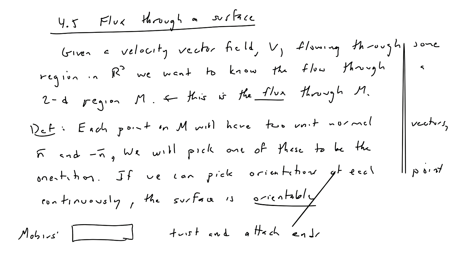And if you do that, if you follow along on one side, follow a path all the way to the other end, you'll find that you end up on the opposite side. And so if we tried putting orientations everywhere as we went along, we'd find, oh, it switched. And therefore, that is not orientable. So orientable just means that as you're going along, you don't have any discontinuities where something flips, like it does on the Mobius strip.